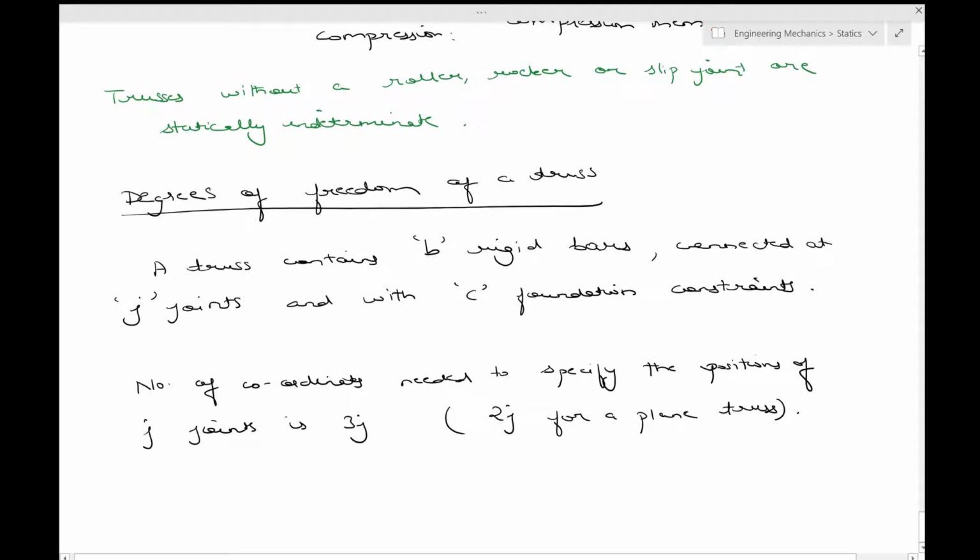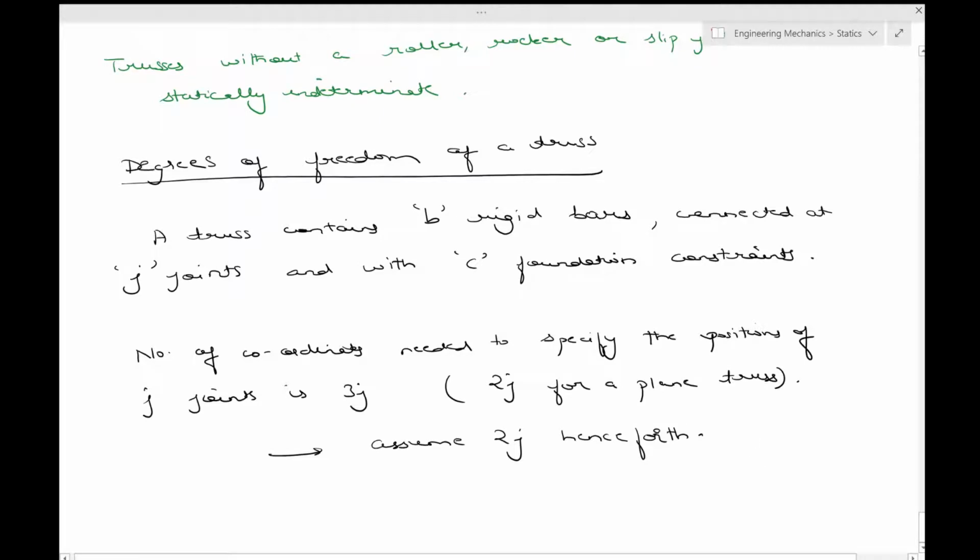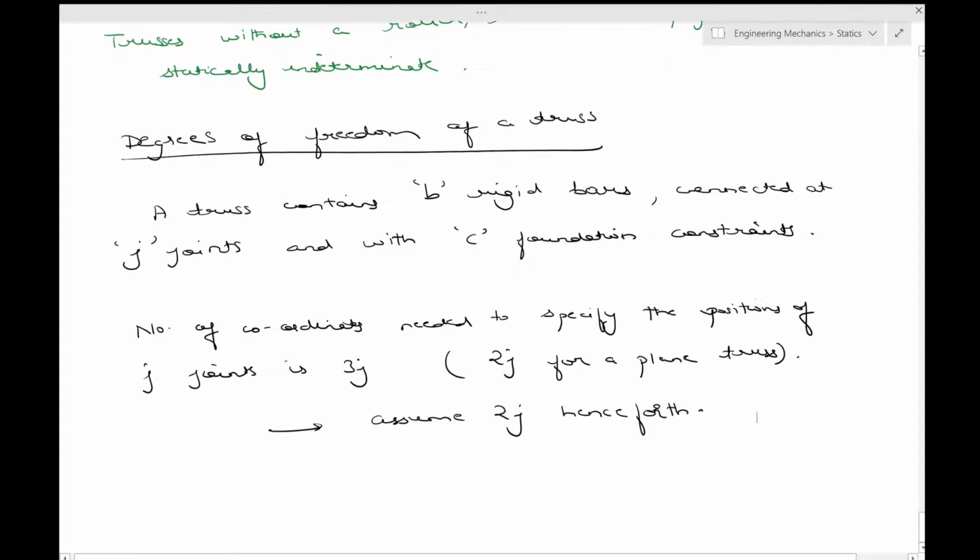So just because we want to learn about trusses, we will assume 2j henceforth, just so that we keep it as a plane truss throughout. Now there are b number of rigid bars, and the coordinates must satisfy those b constraints.